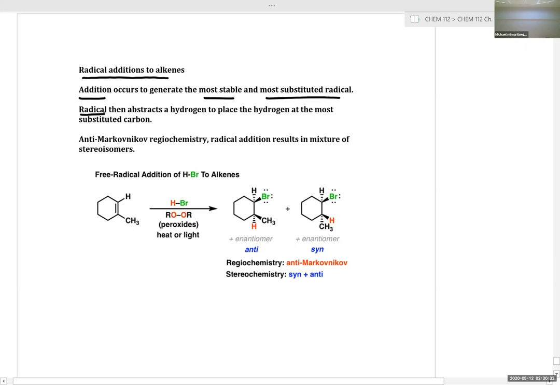The radical then abstracts a hydrogen to place the hydrogen at the most substituted carbon. So as a result of the trends for radical reactivity, we observe anti-Markovnikov regiochemistry. And unfortunately, because we're going through a radical mechanism, the radical addition often results in a mixture of stereoisomers.